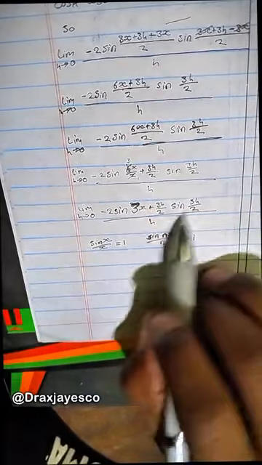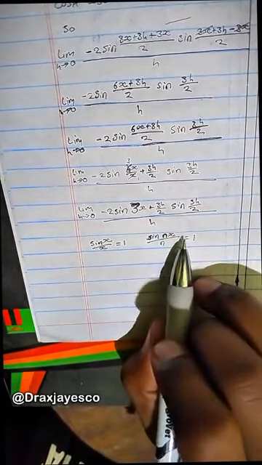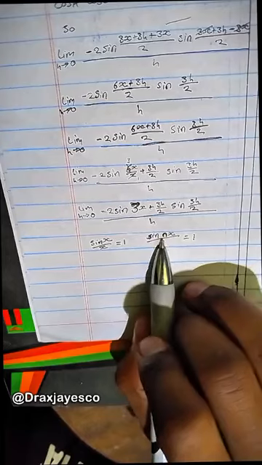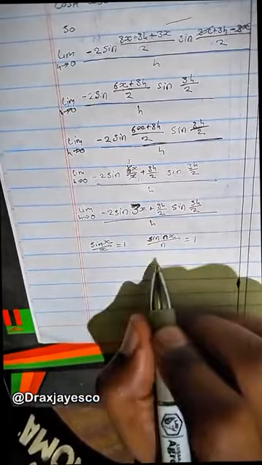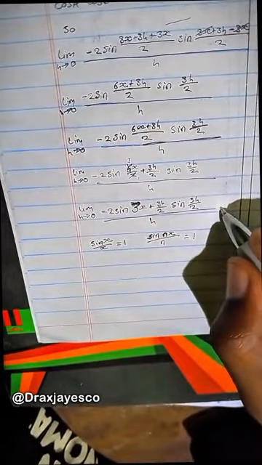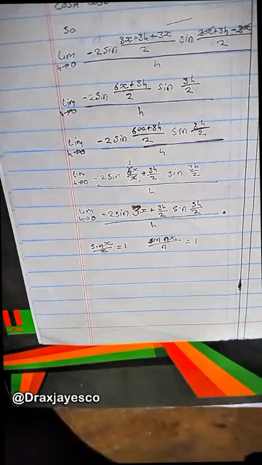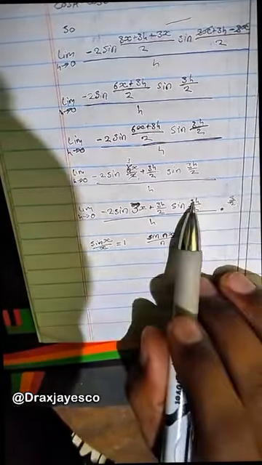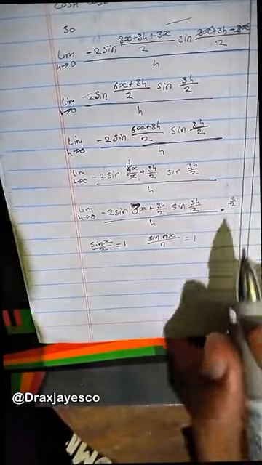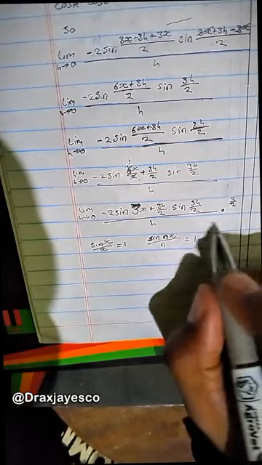So we're going to force this one on top to be written like this. To achieve this, we're going to multiply both the numerator and the denominator by 3 over 2. We're going to multiply the numerator by this 3 over 2. Then if we leave it like that, it means we've changed the thing.